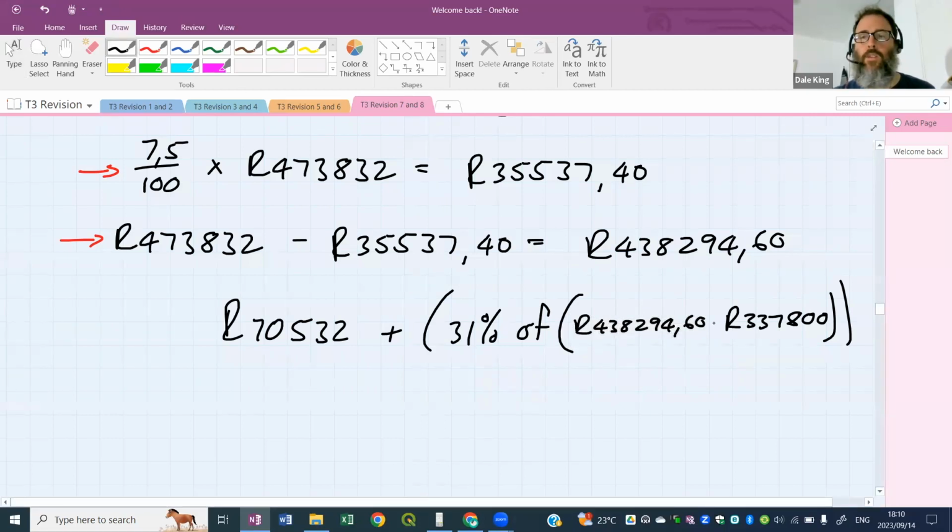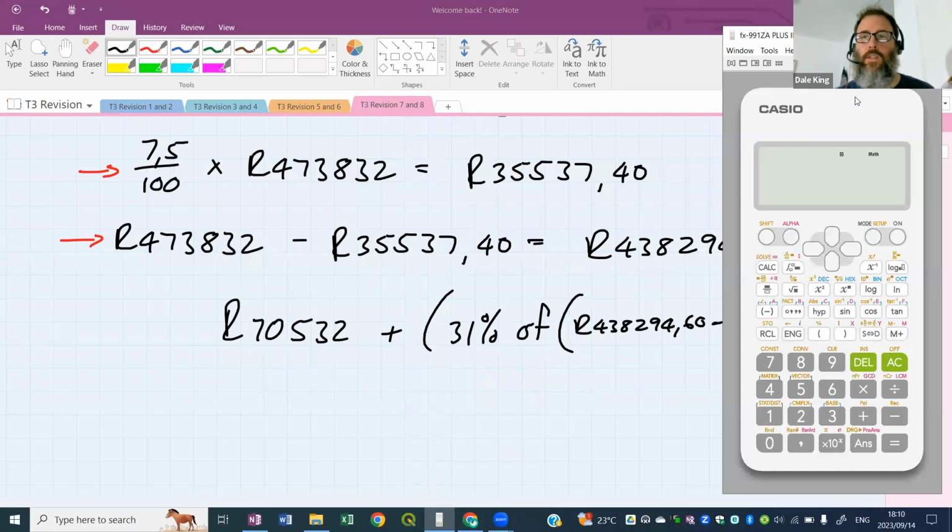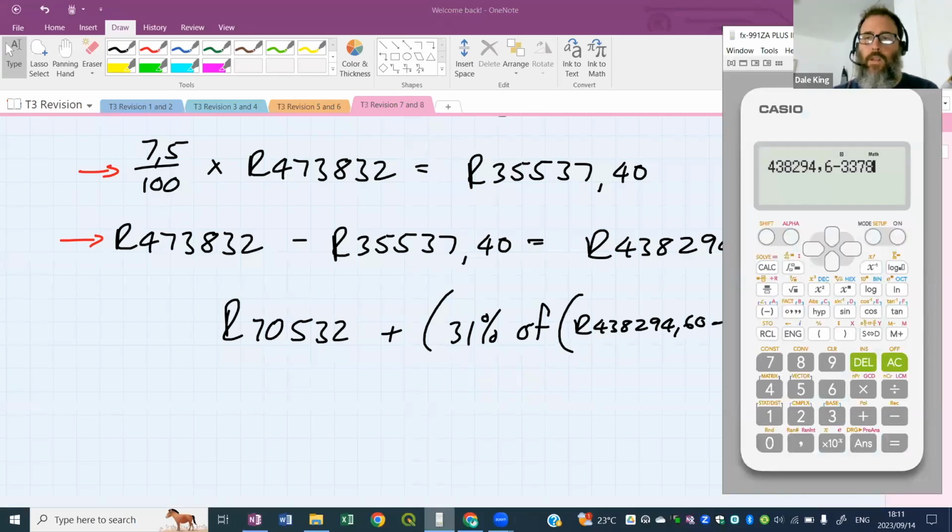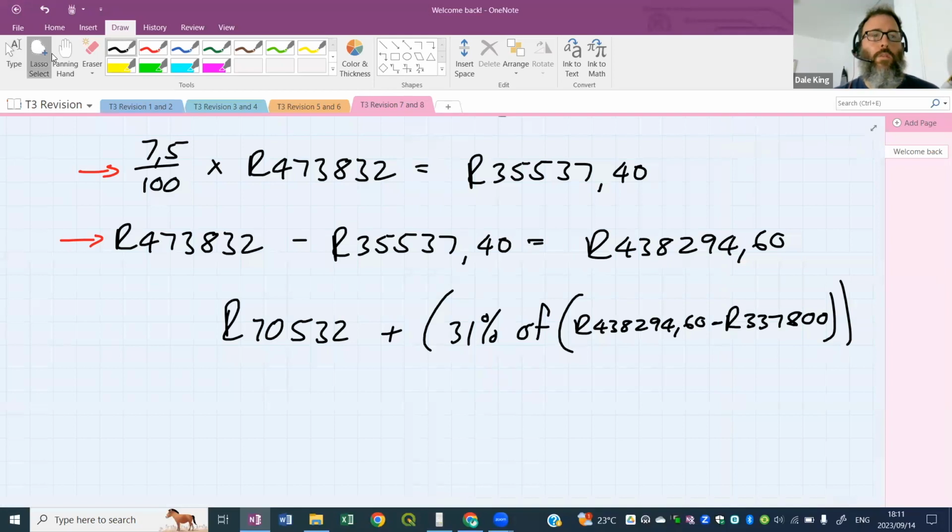So that's how we found the amount that's above. I think Tehran's already done it, but let's check. 438,294.6 minus 337,800. Let's check. Right, we've got 100,000 here. So it's 100,494. Now what I'm going to do is copy this line.